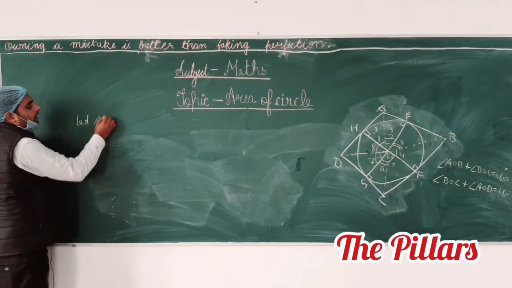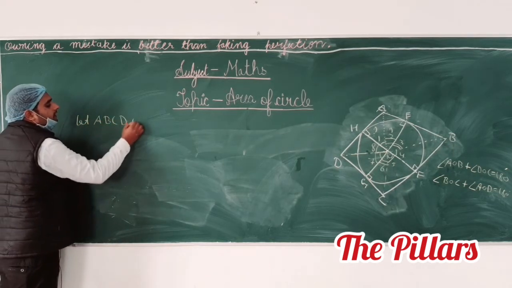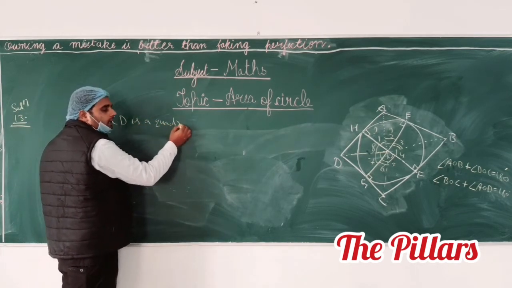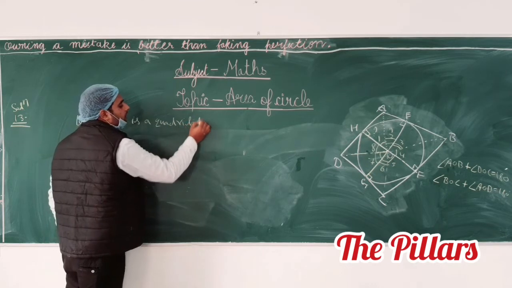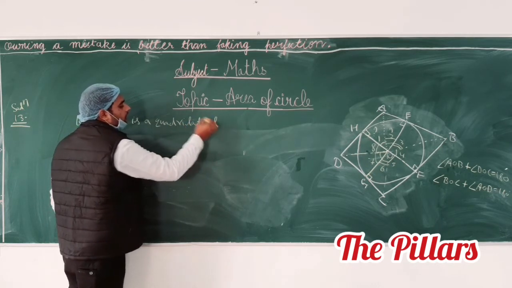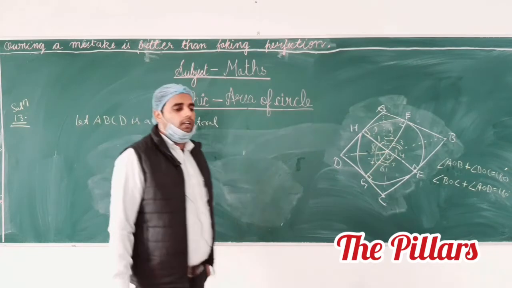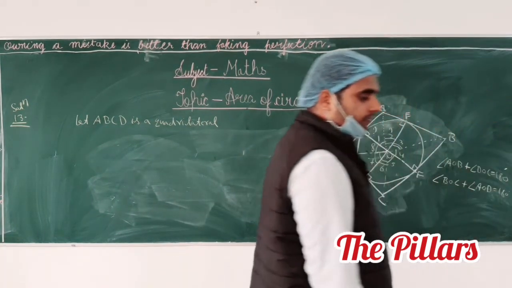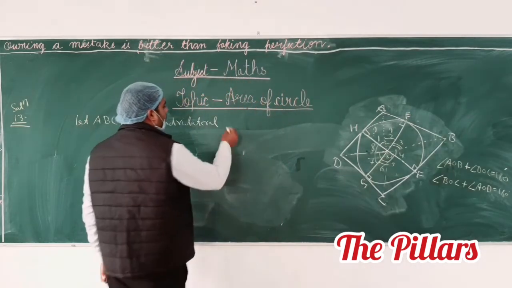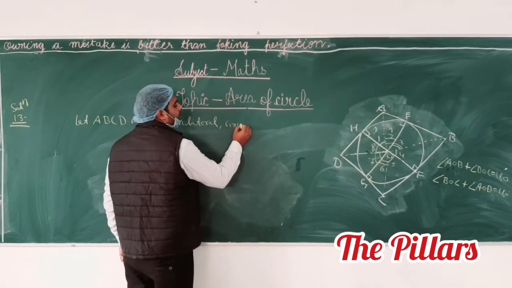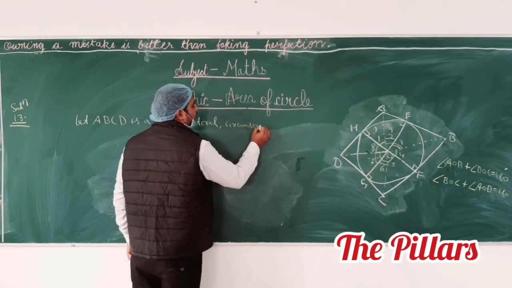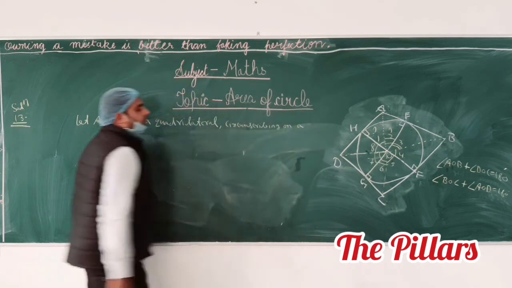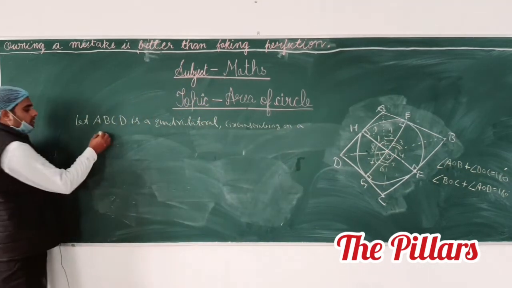Let ABCD be a quadrilateral circumscribing a circle.